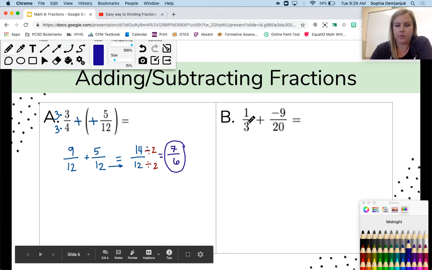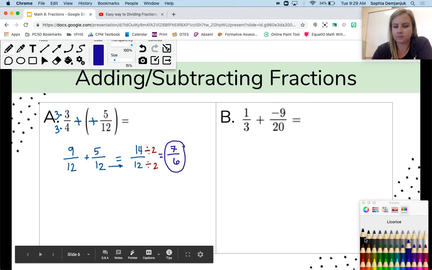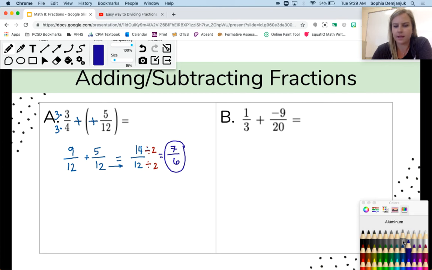Next example, we have 1/3 plus a negative 9 over 20. We again want to be thinking of numbers that they have in the least common denominator. And the least common denominator that we're going to be able to work with is 60. So we're going to have to multiply this fraction to get it to be 60 by 20.